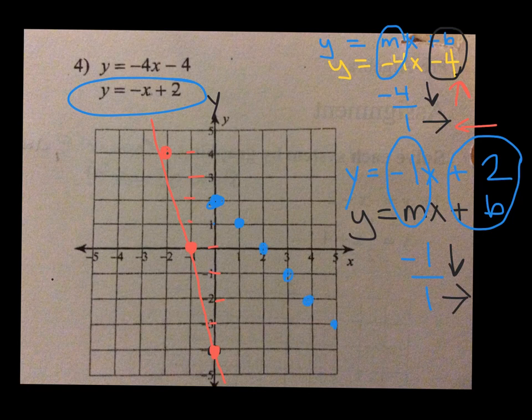And if you go in the opposite direction, which would be up 1, left 1, up 1, left 1, up 1, left 1, and connect our points, you can see that our lines have one solution and that they cross right here, which is at negative 2, 4. So your answer is that there is one solution and it is negative 2, 4.